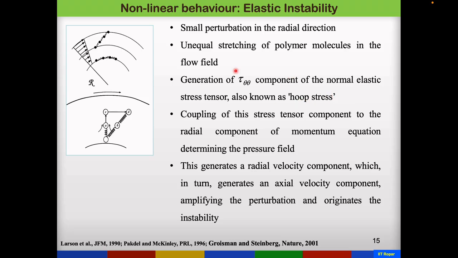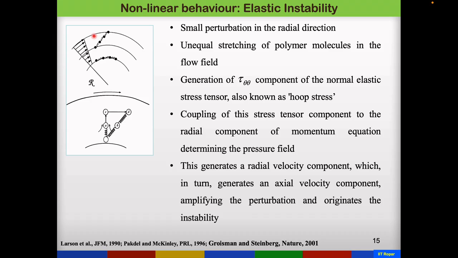Now this stress is coupled to the momentum equations, which also determine the pressure field. Because of this coupling between the stress, the momentum equation and the pressure field, there will be a generation of velocity field along the radial direction.